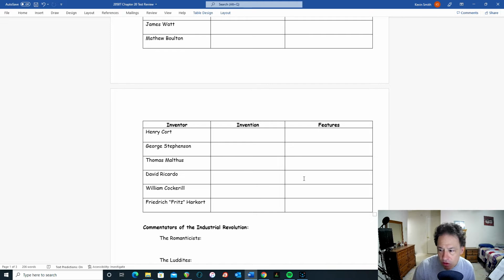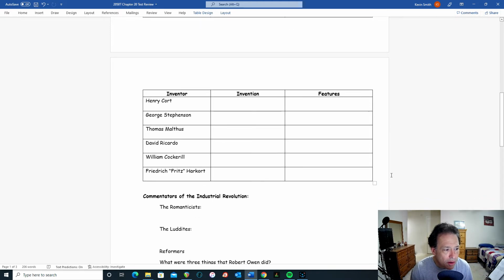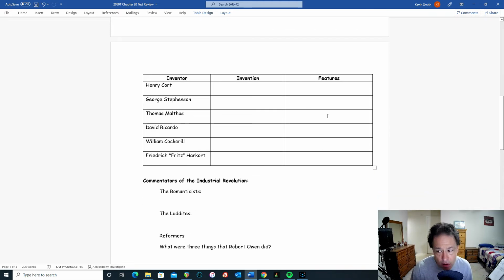Thomas Malthus was somebody who had dire predictions about this population growth and about this industrial revolution. He came up with the Malthusian growth model. And the Malthusian growth model said that the population growth will always outstrip economic growth, and people will begin to suffer.